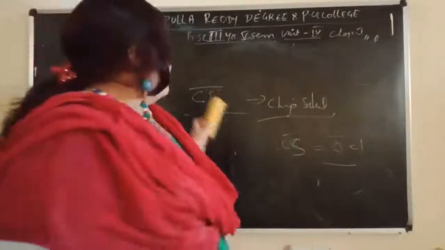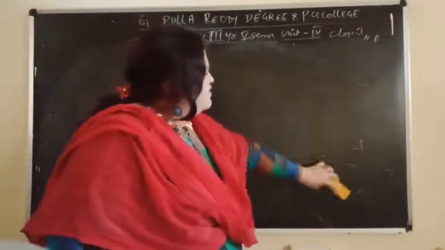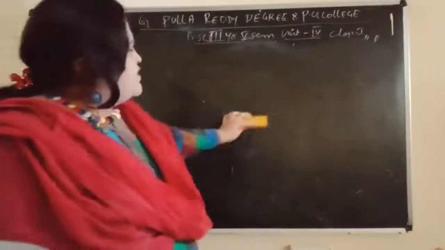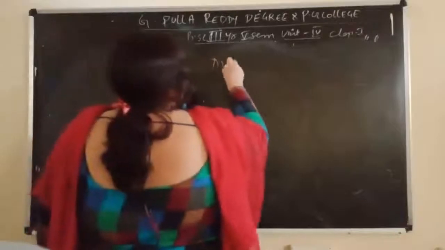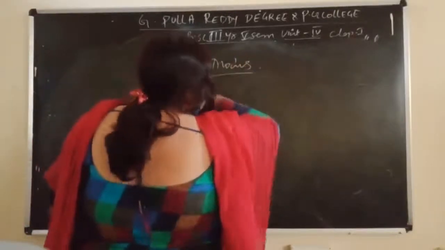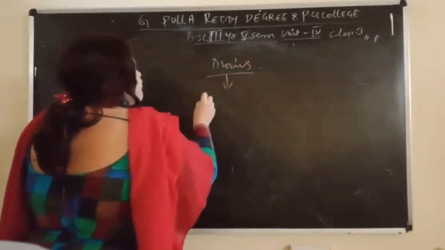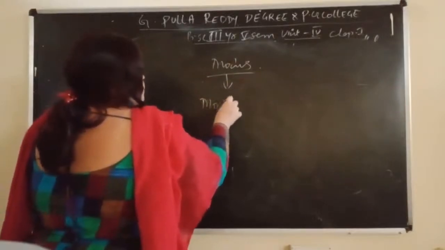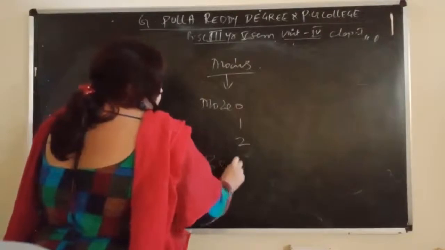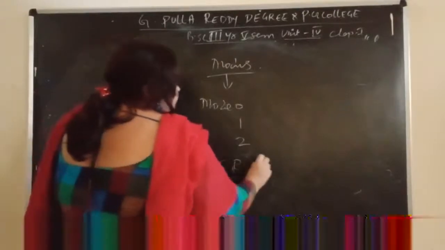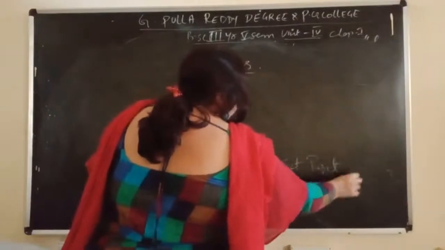Now we are going to study the modes of 8255. There are 4 modes: mode 0, mode 1, mode 2, and BSR, or bit set reset mode.